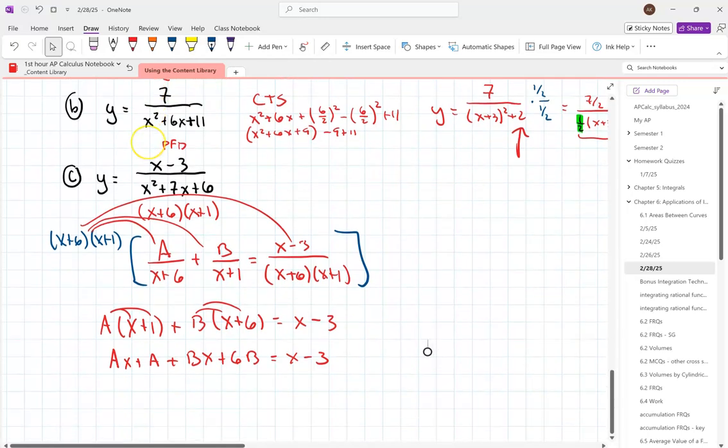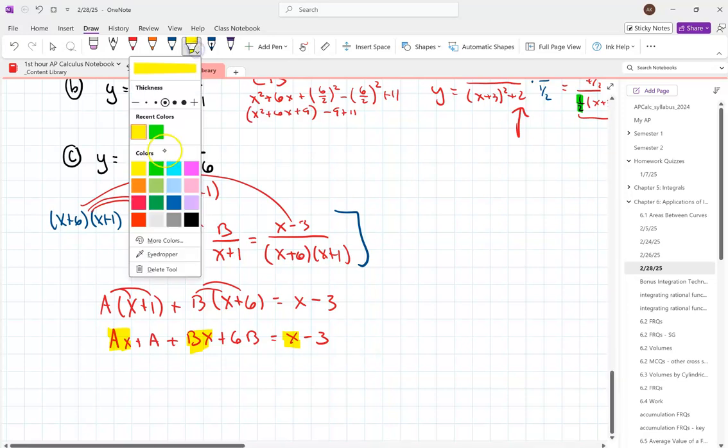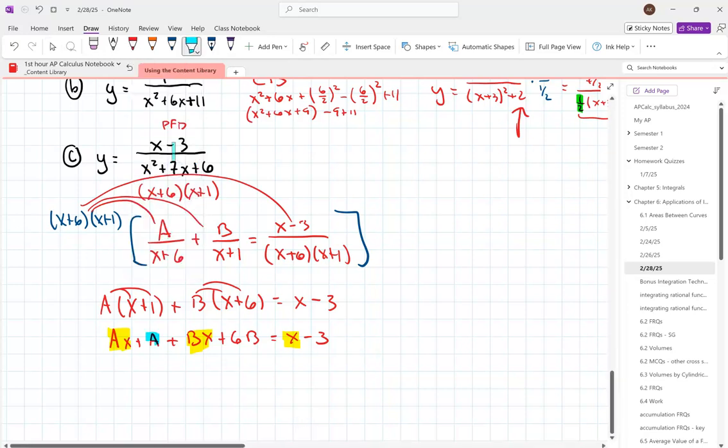Now, with the way we add polynomials, when I add Ax and Bx together, I have to get 1x. And when I add A and 6B together, I have to get negative 3.